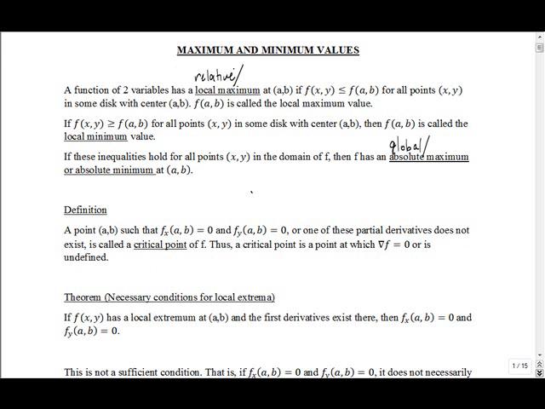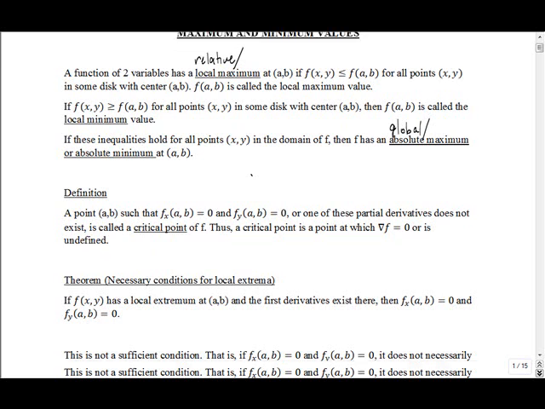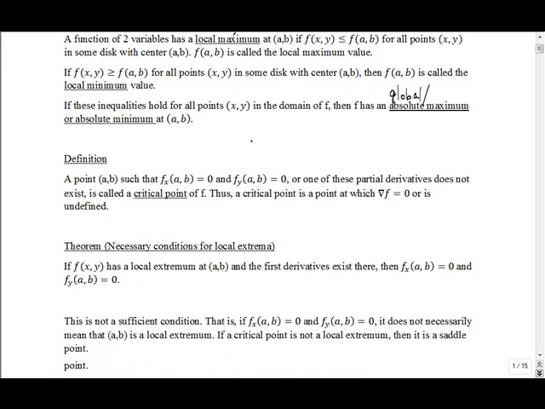Now, this is not a sufficient condition. If the first partials at that point are equal to 0, it does not necessarily mean that (a, b) is a local extremum. It could be a saddle point.